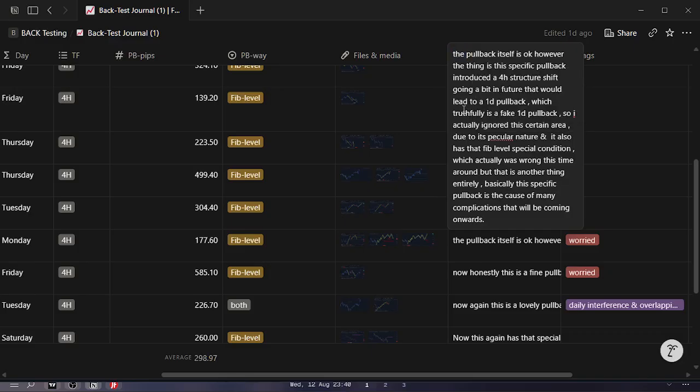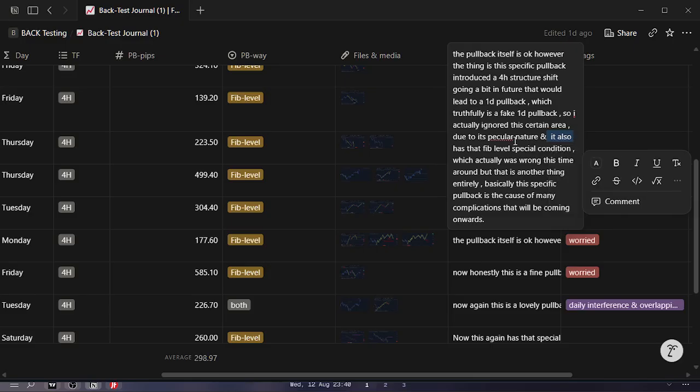The pullback itself is okay. However, this specific pullback introduced a forward structure shift a bit in the future that would lead to a one-day pullback, which truthfully is a fake one-day pullback. So I actually ignore this certain area due to its special nature.